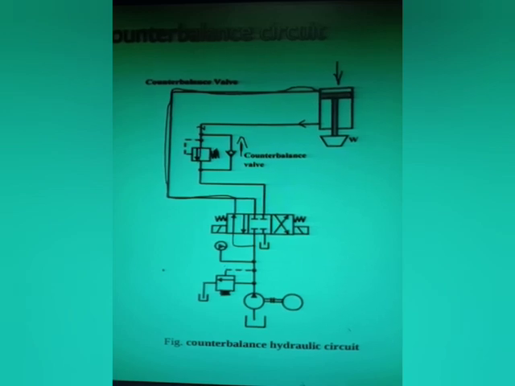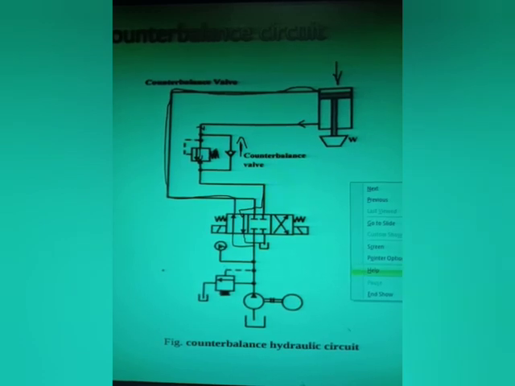The oil will flow from this to this, then go to this line and be connected to the reservoir. From here it will go to the reservoir. Understand? So this is how the operation of the valve takes place.